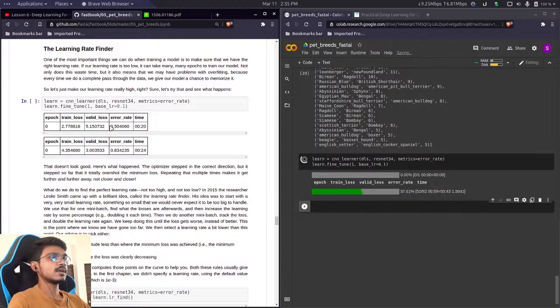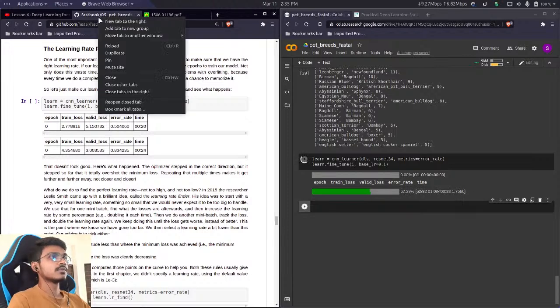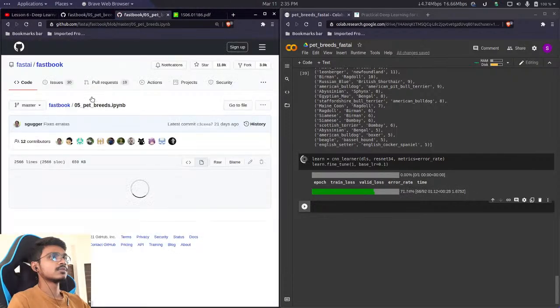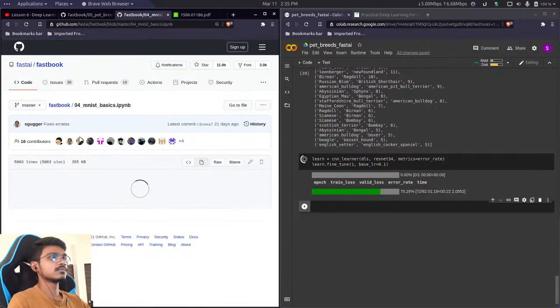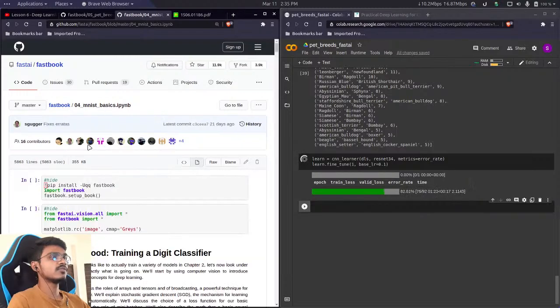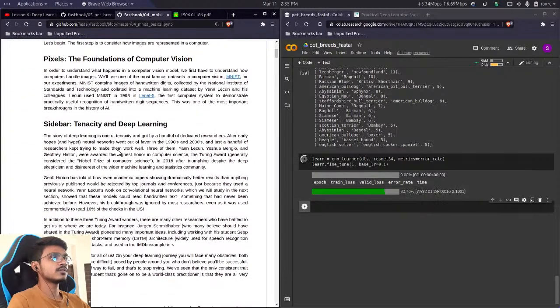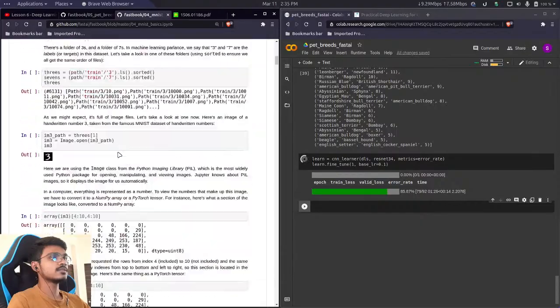So the error rate increased when we increased the learning rate because it started overshooting. The figure for overshooting is given in this notebook, I guess.